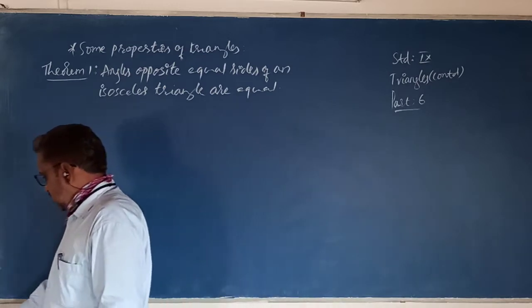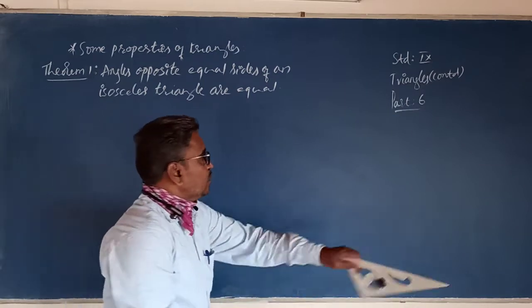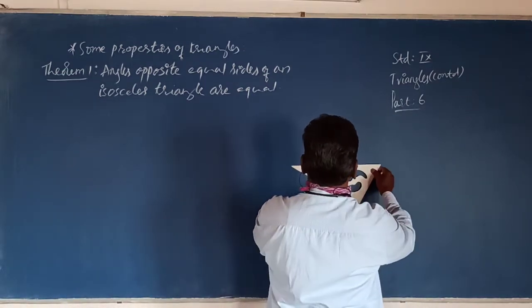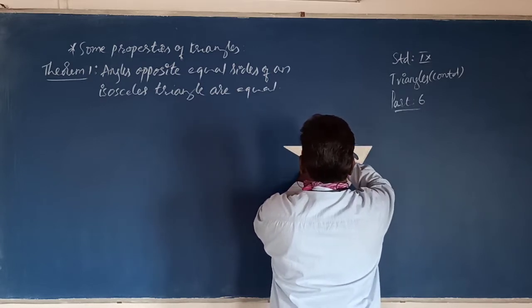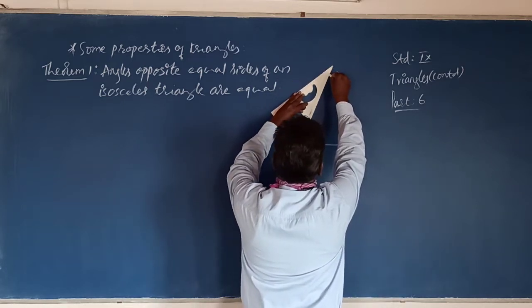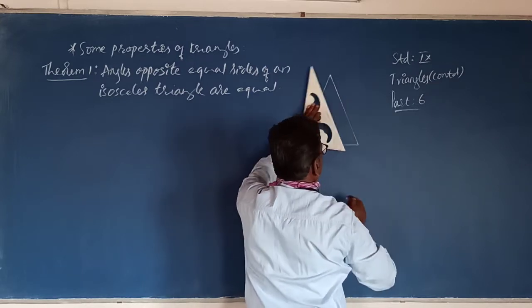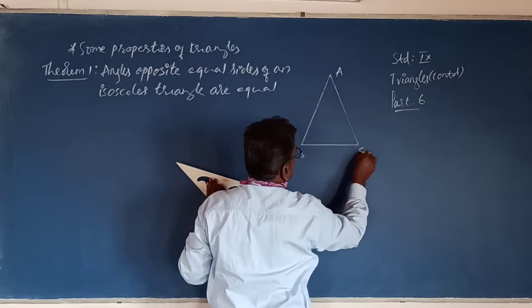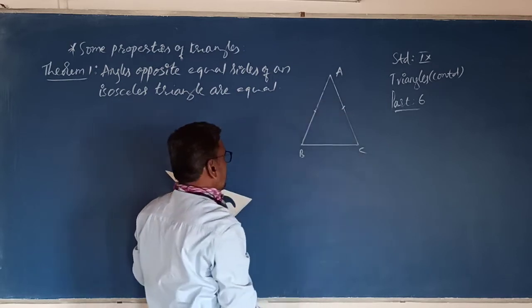According to the theorem statement, the rough idea can be shown diagrammatically. Triangle ABC is a triangle where AB is equal to AC, given.